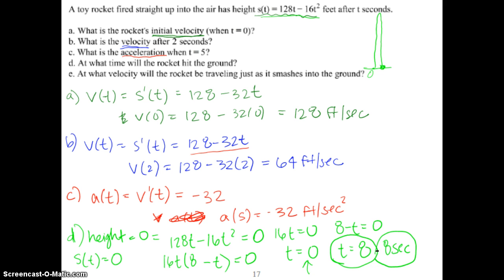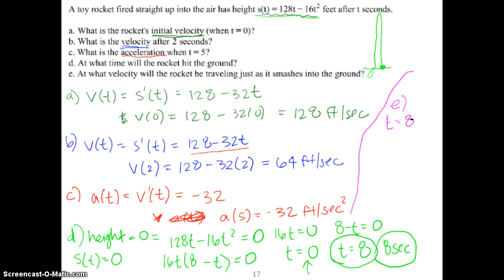Okay, then last question, E, is asking at what velocity will the rocket be traveling just as it smashes the ground? We know it's going to smash into the ground after 8 seconds, so t is going to be 8 seconds.